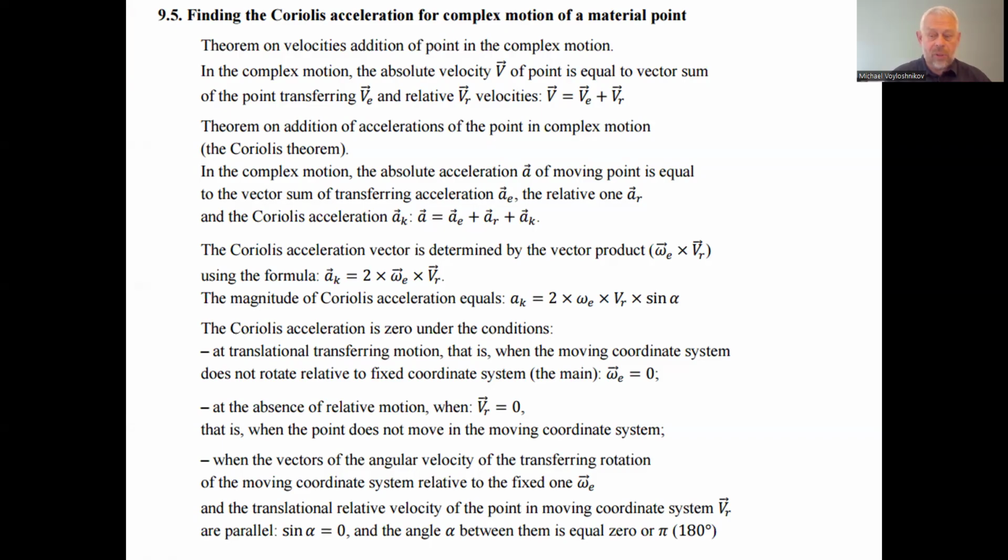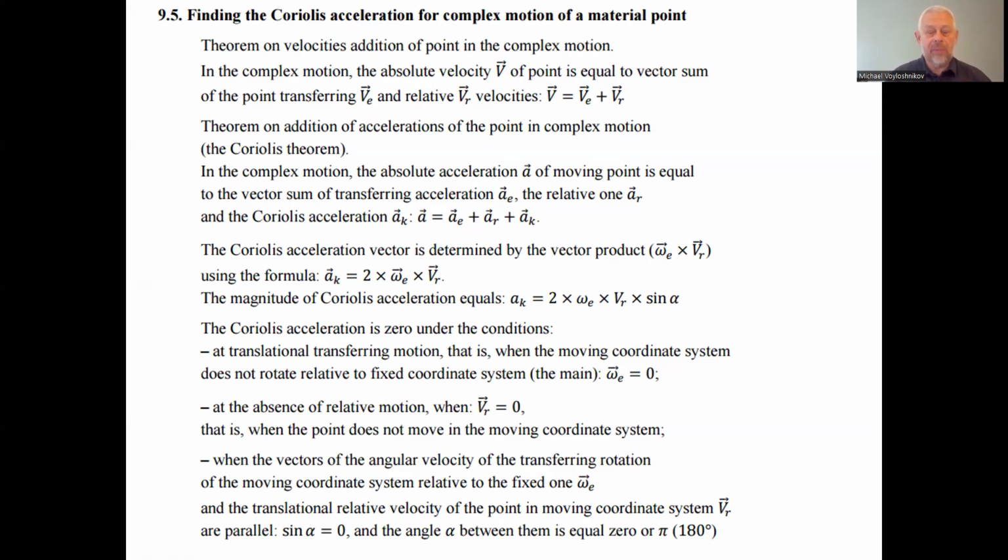So we have three motions: absolute motion relative to the fixed coordinate system, the transfer motion, that is the motion of the moving coordinate system relative to the fixed one, and the relative motion, that is the motion of the point within the moving coordinate system.